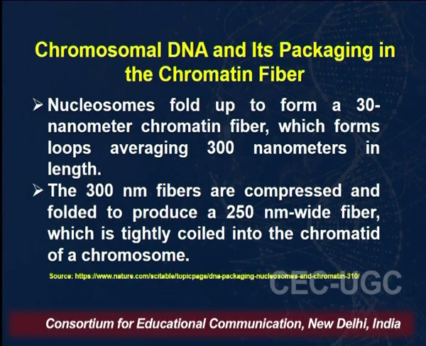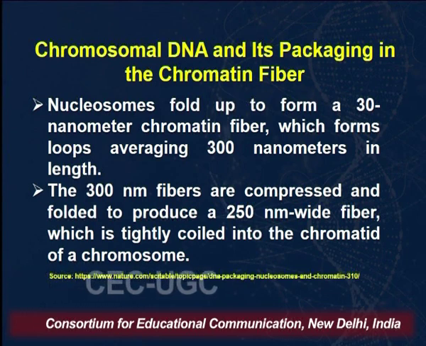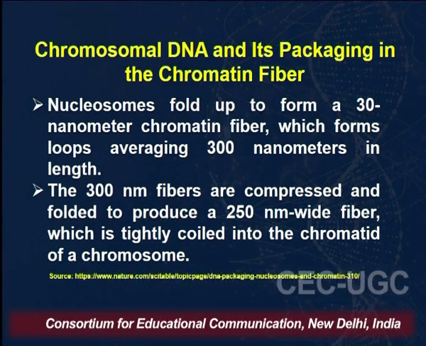The nucleosomes fold up to form a 30 nanometer chromatin fiber which forms loops averaging about 300 nanometers in length. The 300 nanometer fibers are compressed further to fold and form a 250 nanometer wide fiber which is tightly coiled into the chromatin of a chromosome.